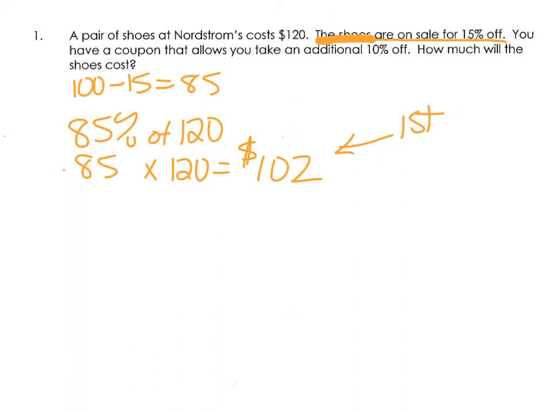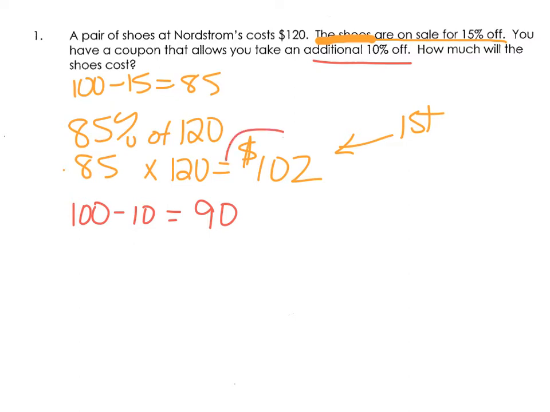Now the second discount says you get an additional 10% off. So what we're going to do is we're going to find what the new discount would be after the price of $102. So if it's 10% off, we would take 100 minus 10, and the new price would be 90% of the old price.